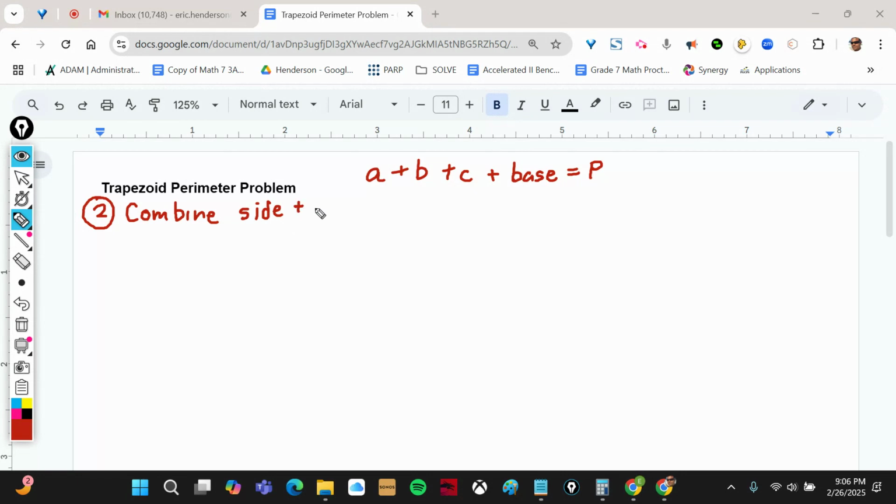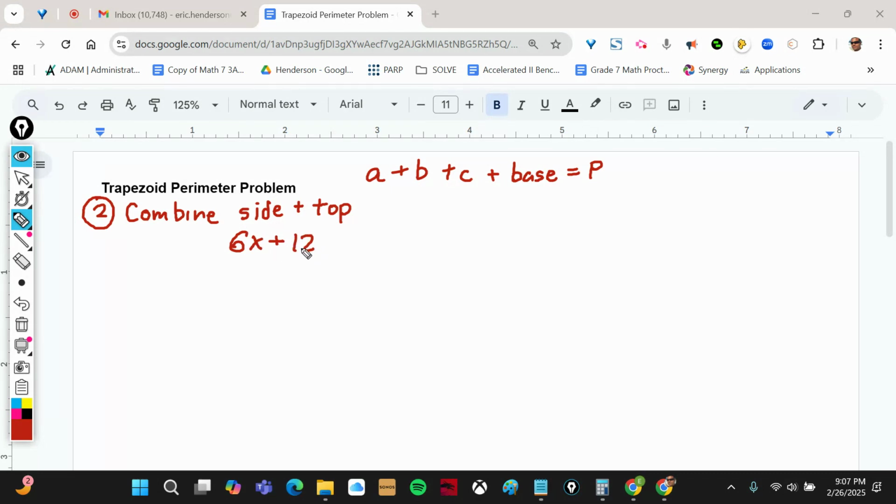and plus the top. Let's just say the top. Okay, so we had the 6x plus 12.